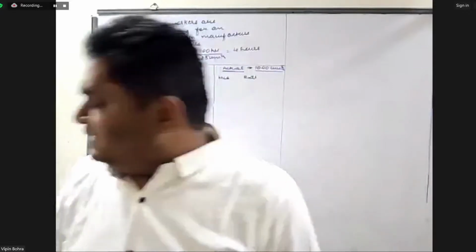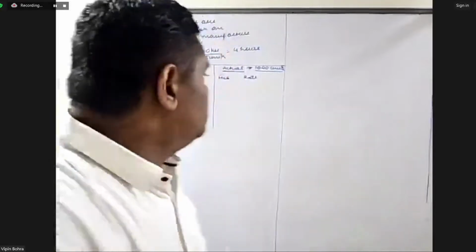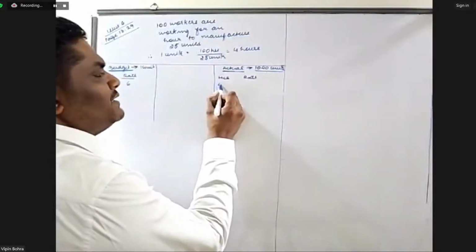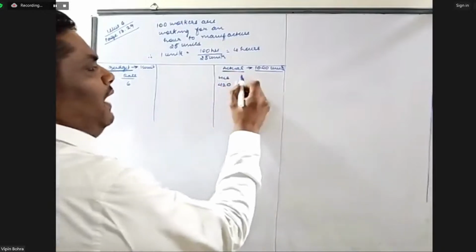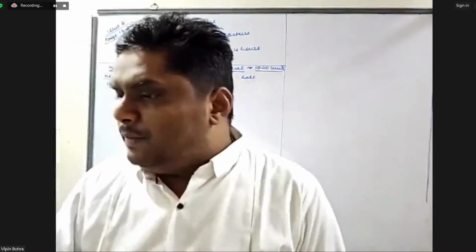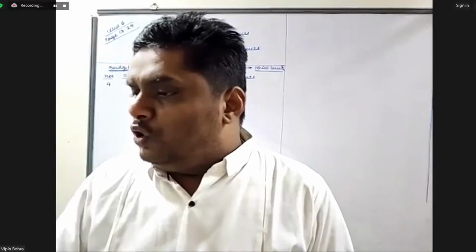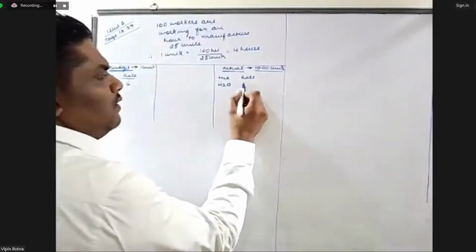The details are given for a 42 hours week. So 42 hours into 10 workers will be 420 hours, which we were paying at the rate of rupees 6.2 per hour.